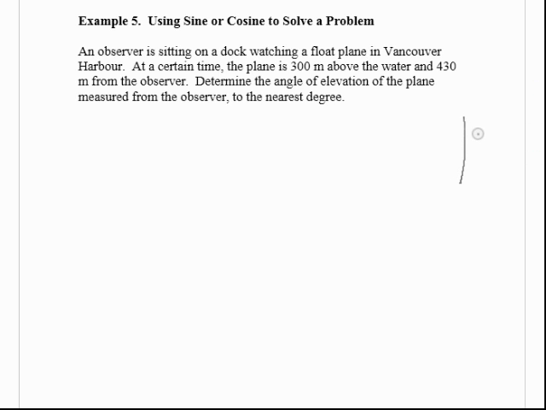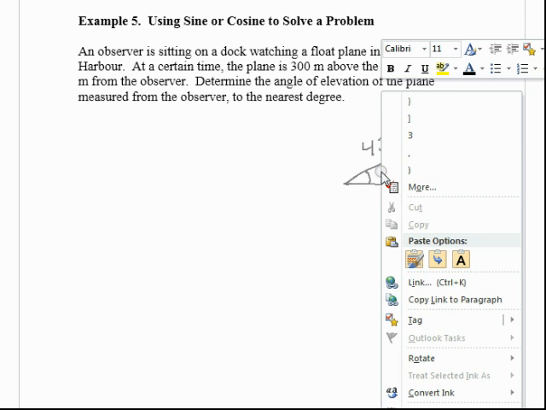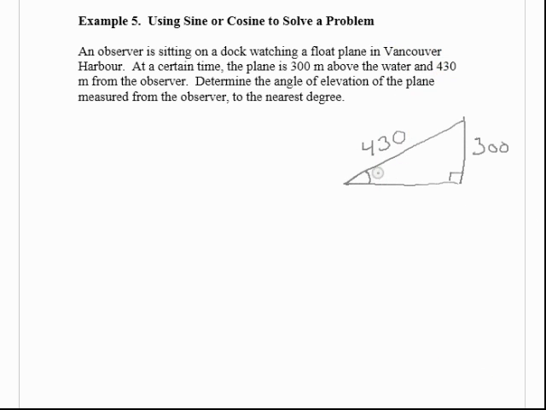The plane is 300 meters high and 430 meters from the observer. Here is the right angle. Determine the angle of elevation of the plane measured from the observer to the nearest degree. So we're looking for this angle of elevation, which I will call theta.